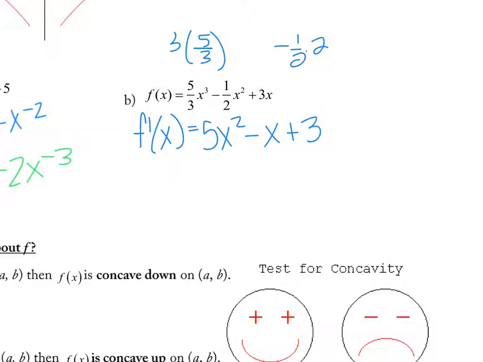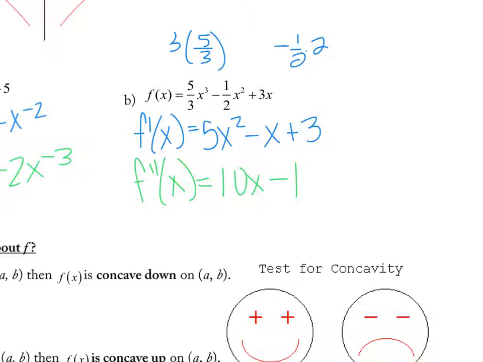Then to find the second derivative, we apply the power rule again. So 10x minus 1. Again, remember that the derivative of a constant is just 0. So when we go to the second derivative, it's no longer there. And if you just have x to the first, remember that it's just the coefficient in front. So since this is minus x, then you get minus 1.